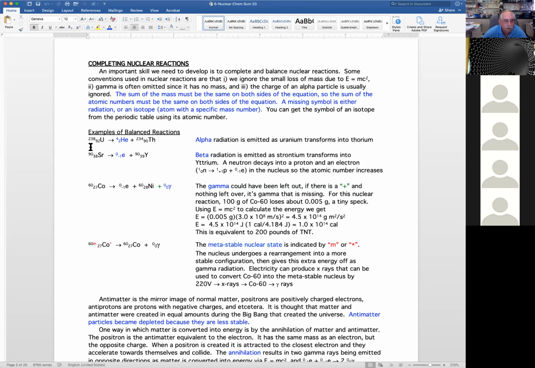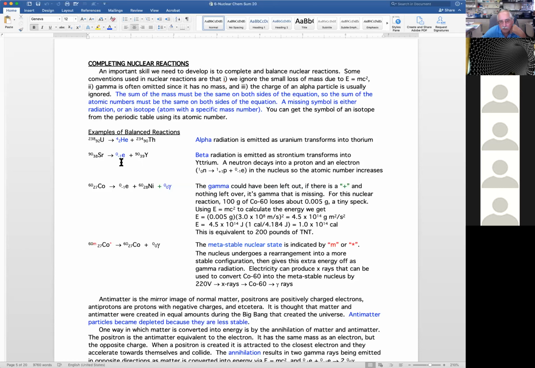So here's strontium-90. So what if I left out this part right here? Okay. So that means that I have to have 38. Which one did I leave out? This one, right? I have to have 38 protons. So look at the charge on here.